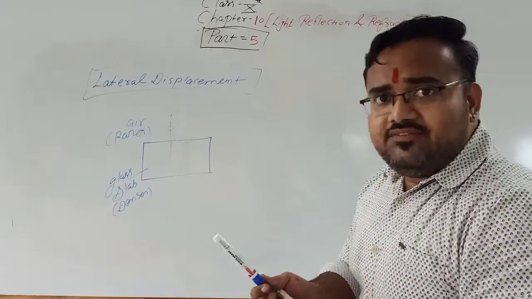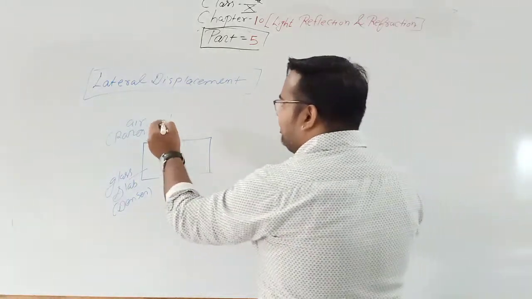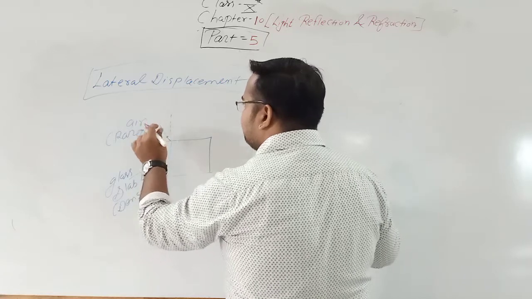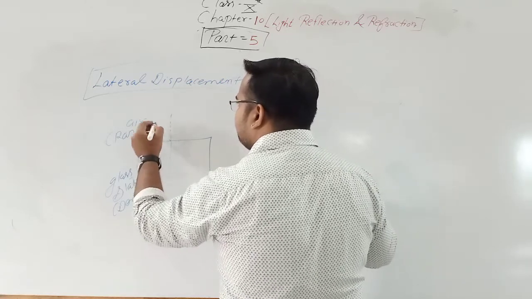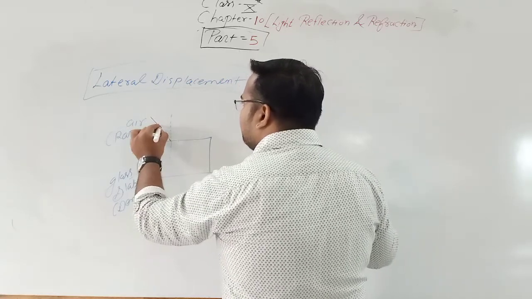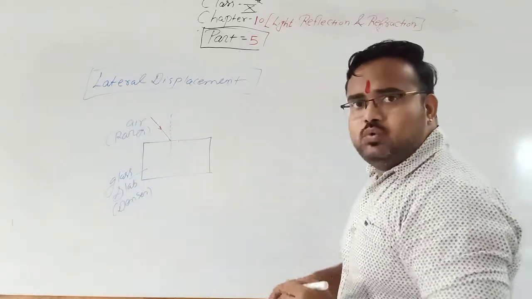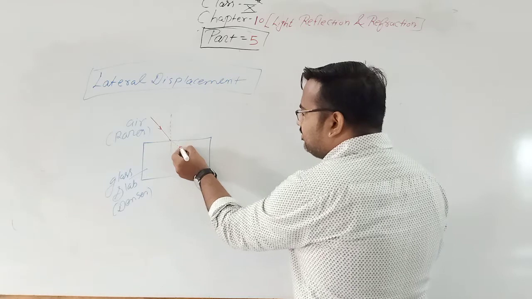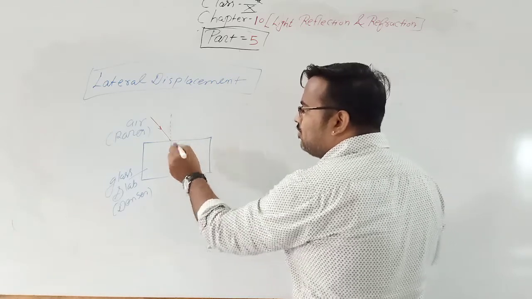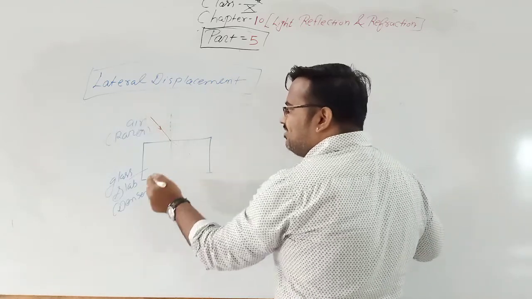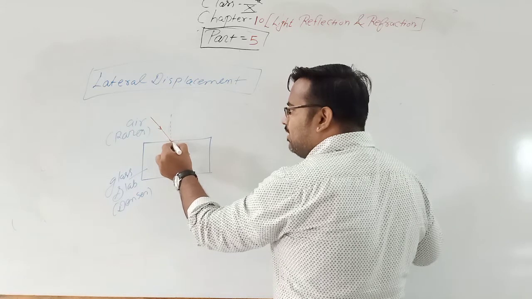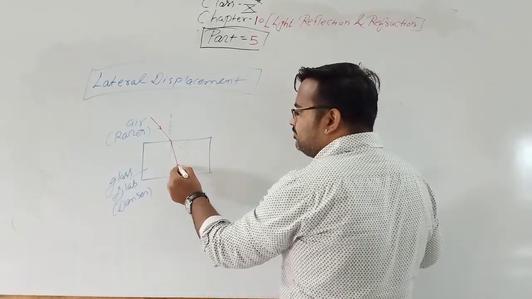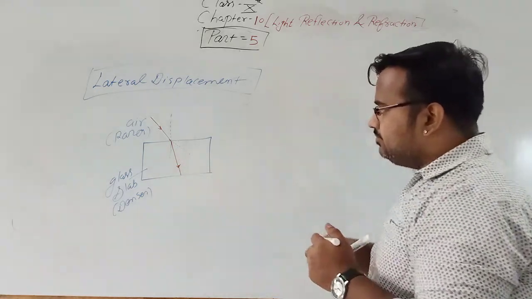Clear? Now see, if the incident ray comes like this, according to the first law, this is the original path, but according to the first law, going from rare to denser, it is bent towards the normal. Clear?